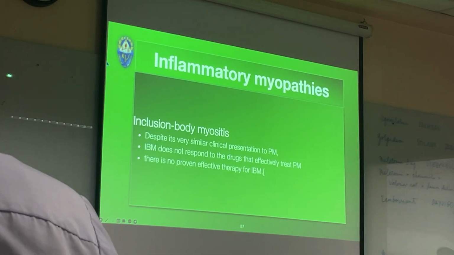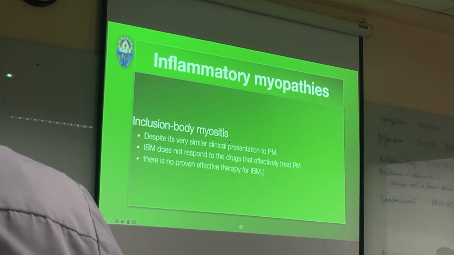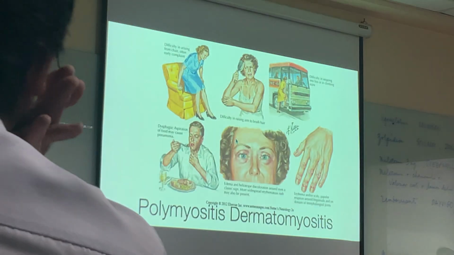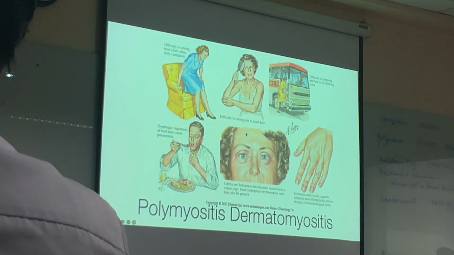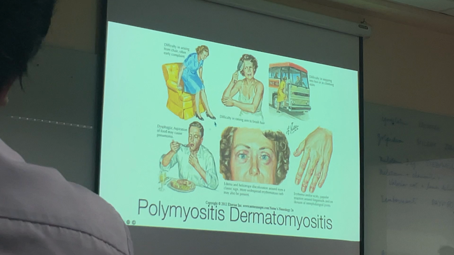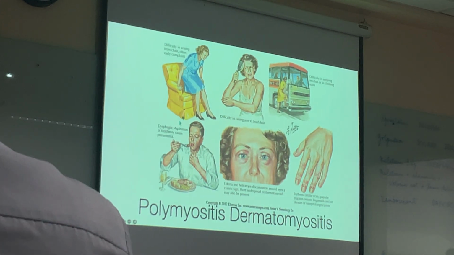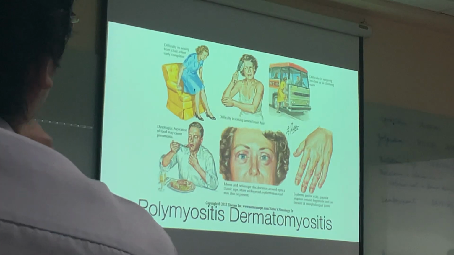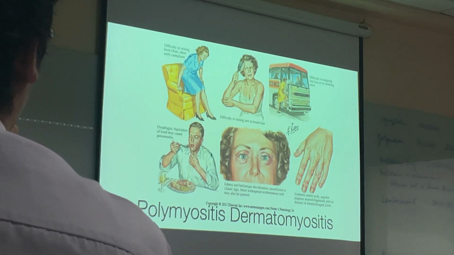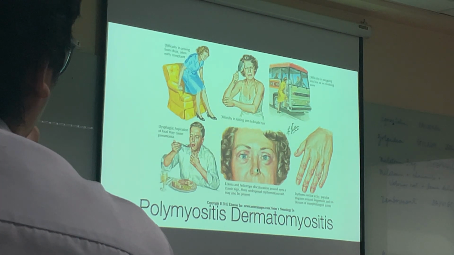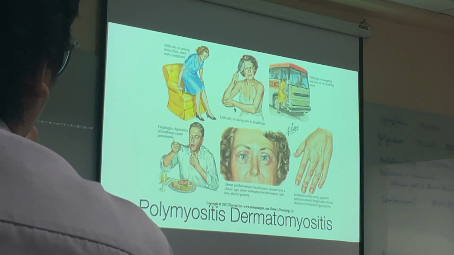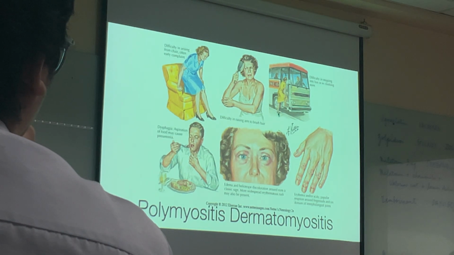Therefore, mostly, polymyositis, dermatomyositis are labeled as paraneoplastic syndromes. Okay? So, clear? So, it's usually among the elderly, pain, myalgias, and proximal muscle weakness. They cannot get up the bus. Okay?